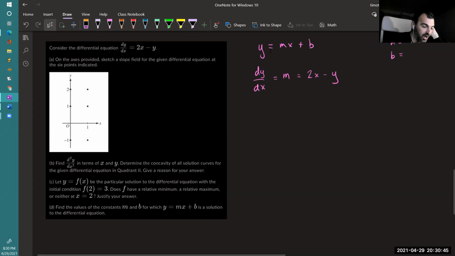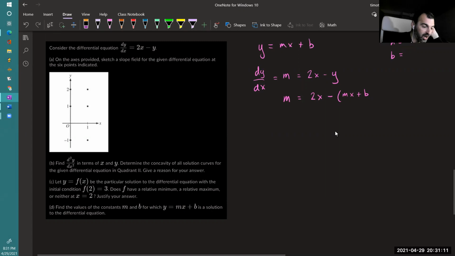But wait, y is also mx plus b. Interesting. So I'm going to be able to write this: m equals 2x minus (mx plus b). Basically, I just took that y and replaced it.